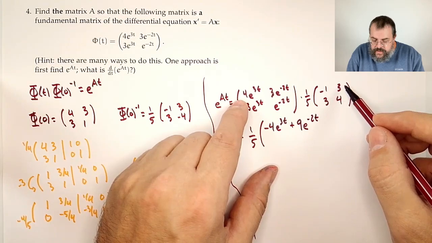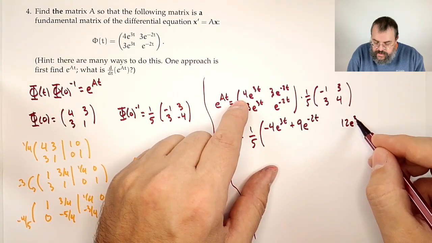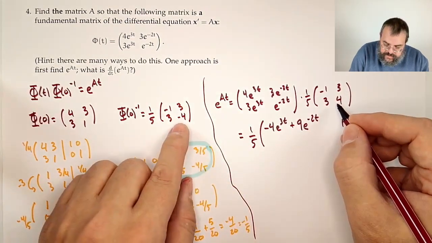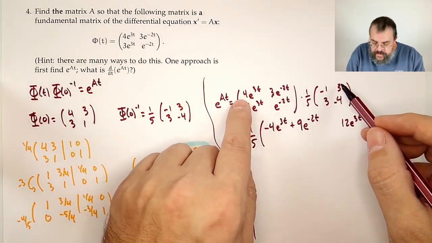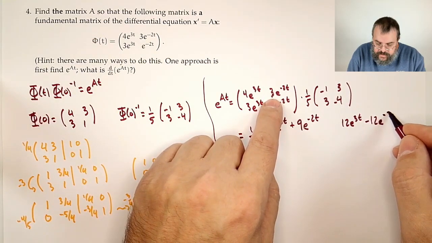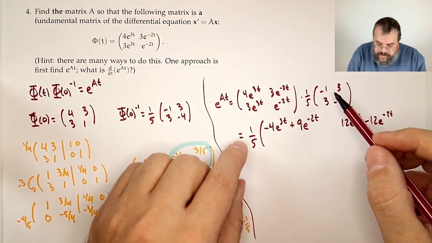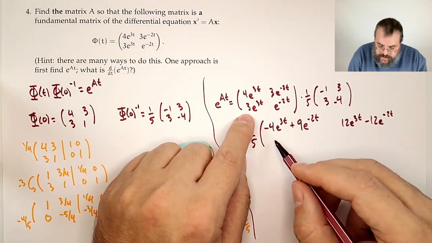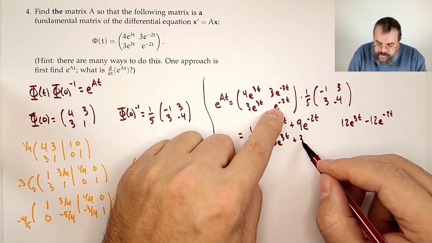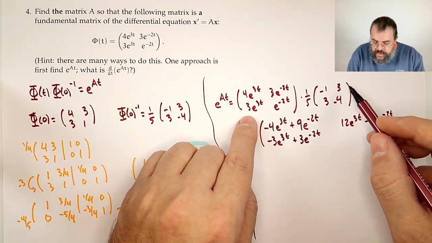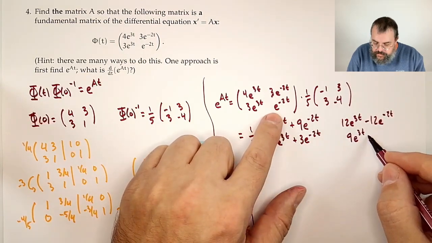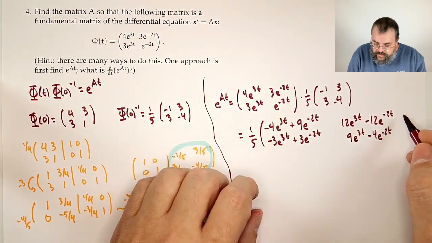Then we're going to get 12 e to the 3t, and, oops, I forgot to copy a minus sign here, and minus 12 e to the minus 2t, and then next row, minus 3 e to the 3t plus 3 e to the minus 2t, 9 e to the 3t, and minus 4 e to the minus 2t.